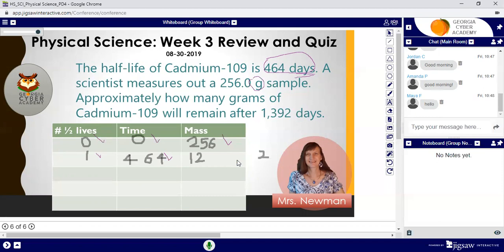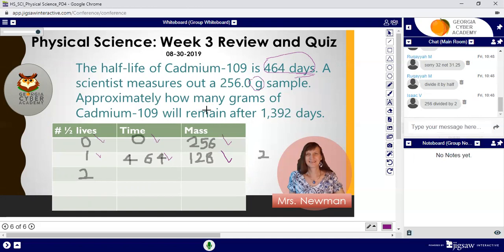How did they get 128 from the 256? Right, we're dividing it in half. 256 divided by 2 is 128.